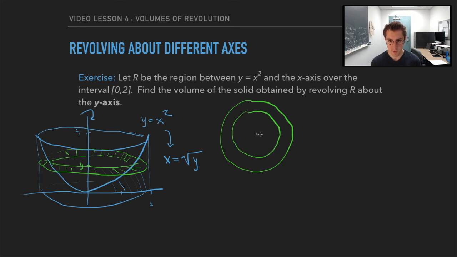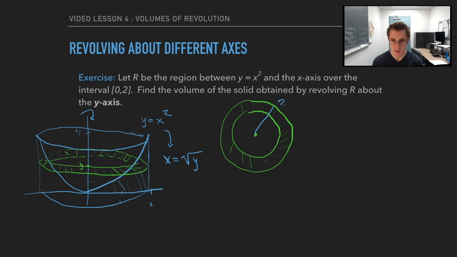All right, so this point here is the y-axis, and so what is the outer radius? The outer radius is the distance from the y-axis to the outermost point. The outermost point is the line x equals 2. So here's the outer radius.